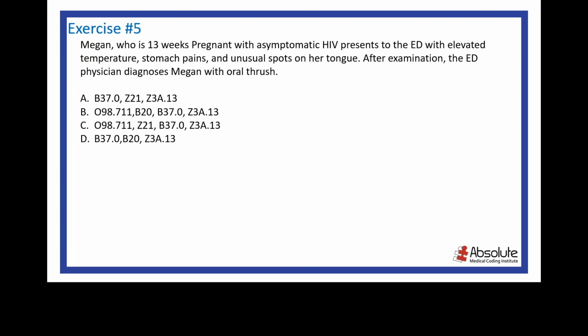D, B37.0, B20, Z3A.13. Megan, who is 13 weeks pregnant with asymptomatic HIV, presents to the ED with elevated temperature, stomach pains, and unusual spots on her tongue. After examination, the ED physician diagnoses Megan with oral thrush. Coders, your time begins now.